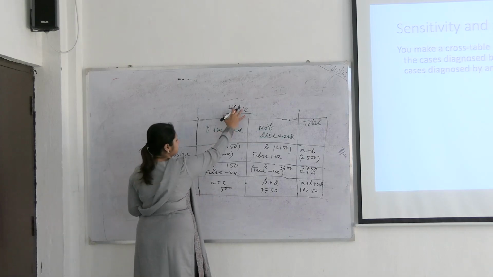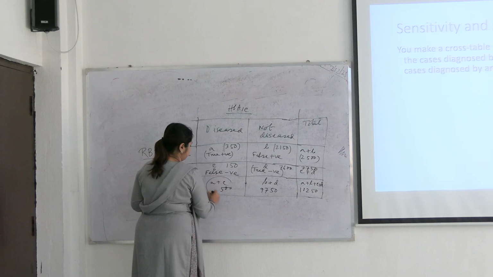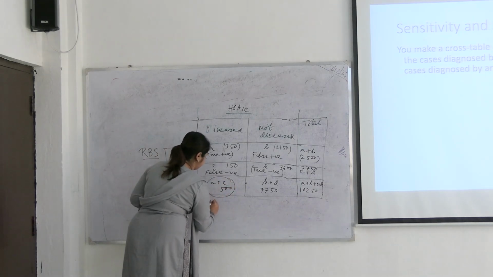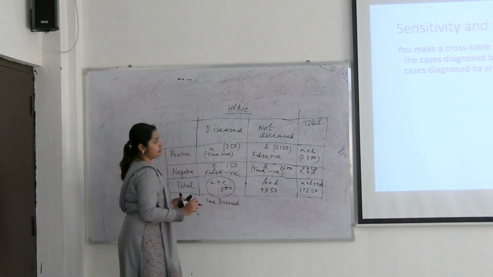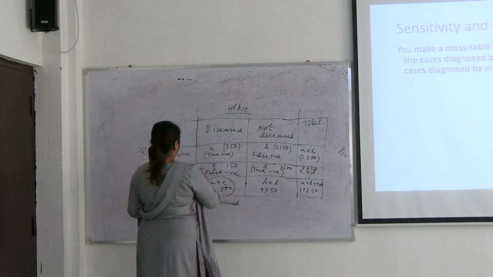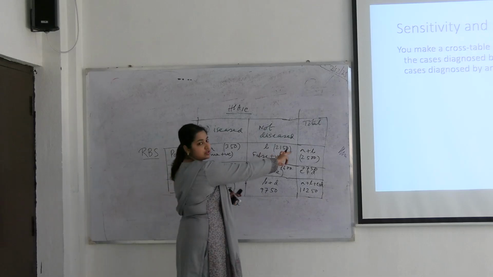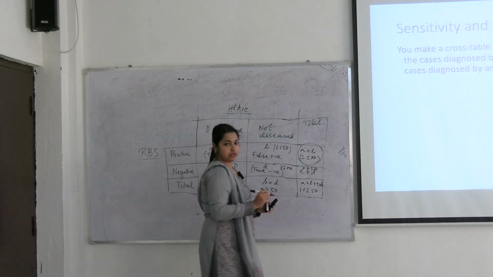So, whoever is under the diagnostic test, whoever is diseased, that is this total, they are the true diseased. But these many people are coming positive on the screening test, right?